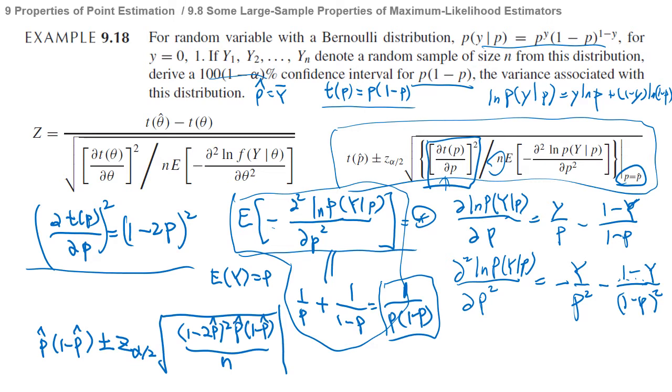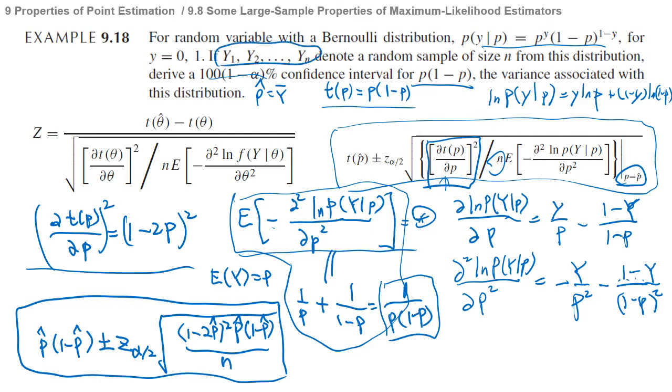Okay, so this is the confidence interval that we get. From here, if you have data y1 to yn, your p hat is y bar, so plug this in here, then you will get the interval.